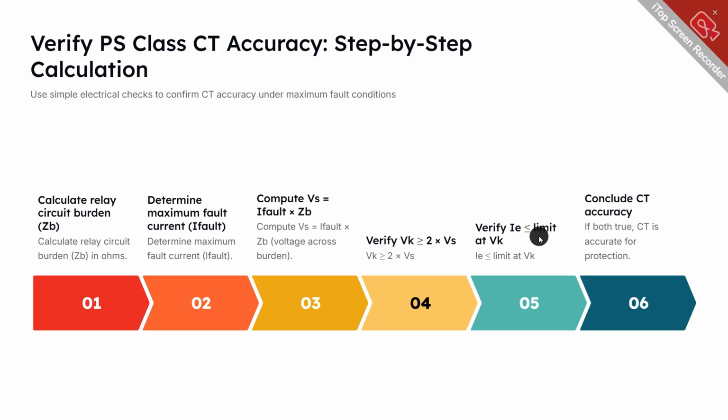Okay. And what is the magnetizing current? As per IEC 60044-1 or IS 2705, we can use it. But according to me, it should be less than 100 milliampere at VK.